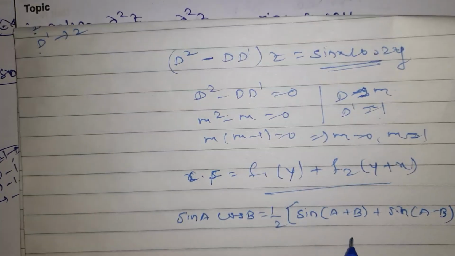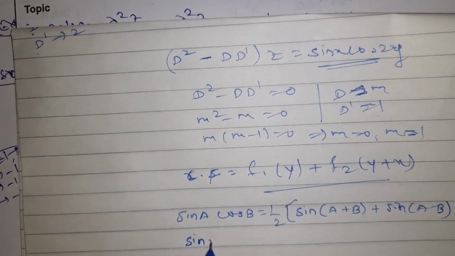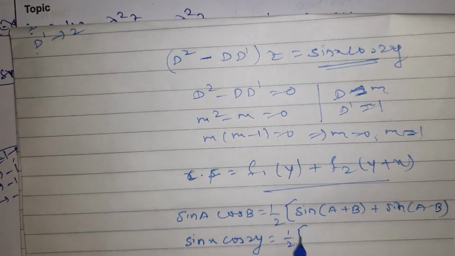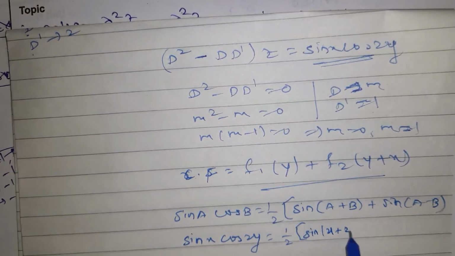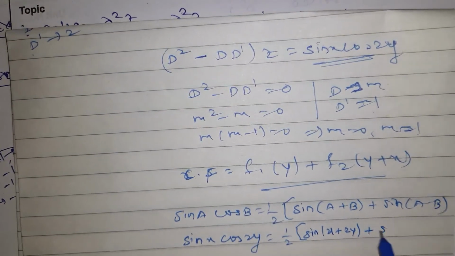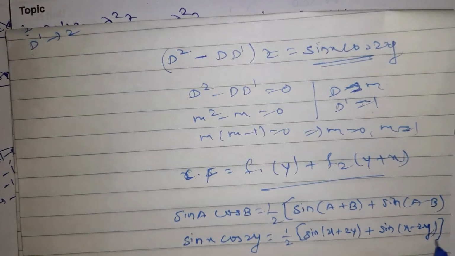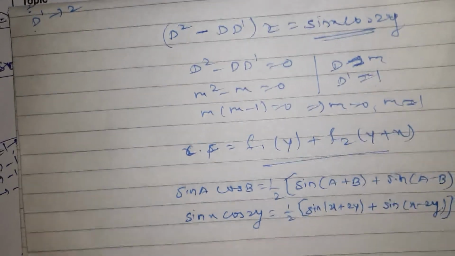Understood it? Do you remember this formula? Now use it here: sin x cos 2y equals 1/2 [sin(x + 2y) + sin(x − 2y)].